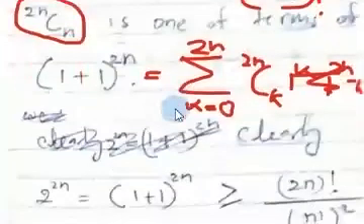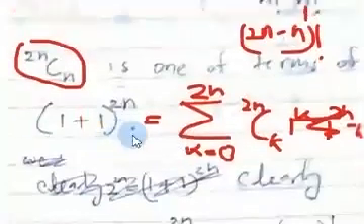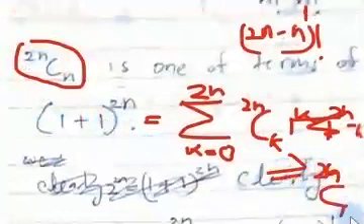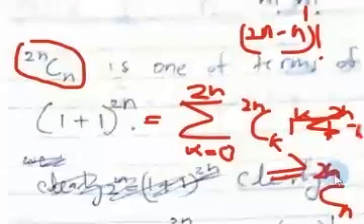Because these are positive numbers, this expansion is bigger than the single term 2n C n. This single term is smaller than the full expansion, right?